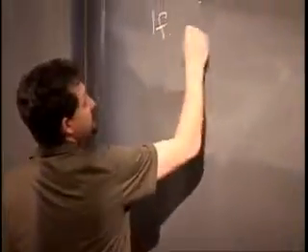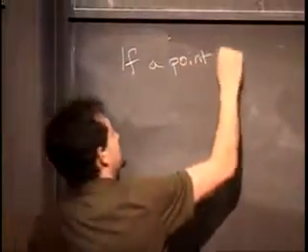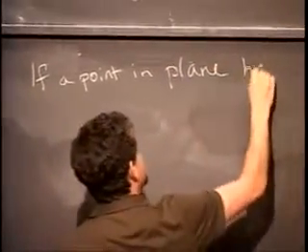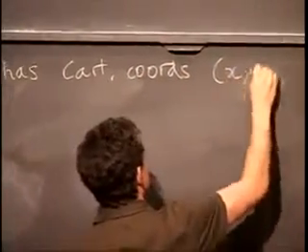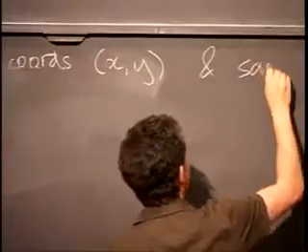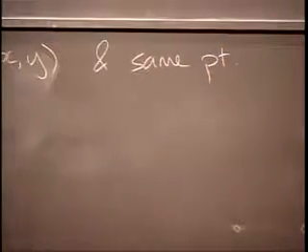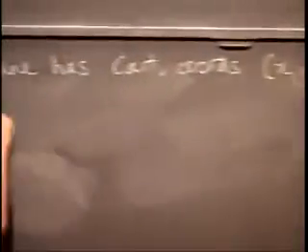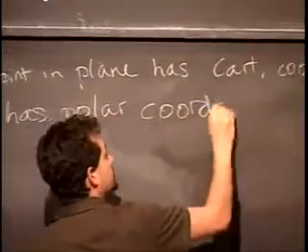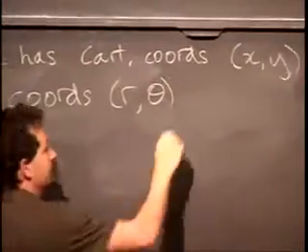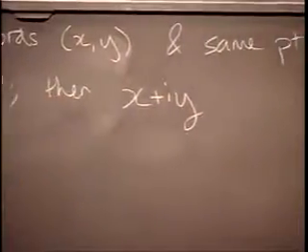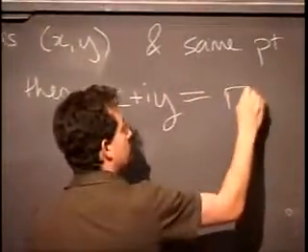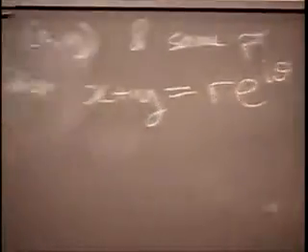If a point in the plane has Cartesian coordinates x, y, and the same point has polar coordinates r, comma, theta, then the two complex numbers, x plus iy, corresponding to the Cartesian coordinates, must equal r e to the i theta, the polar form.